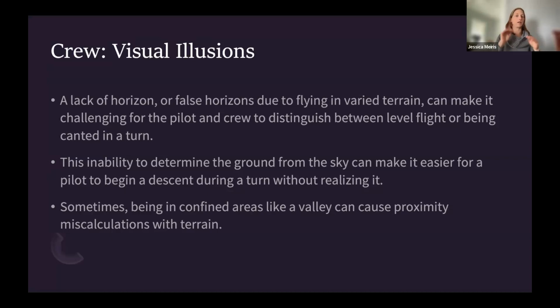And sometimes that inability to reference the ground from the sky, or having that sight picture change all the time between ground and sky, can make it really easy for a pilot to start a descent or even a climbing turn without really understanding or realizing that that's what's happening.